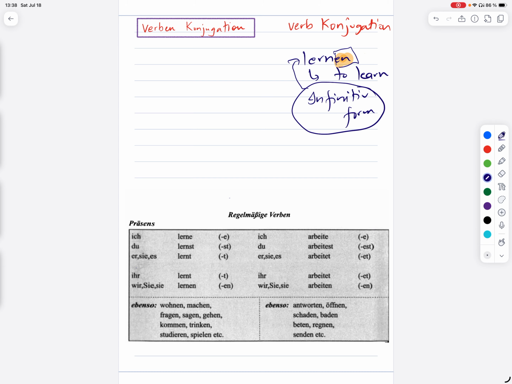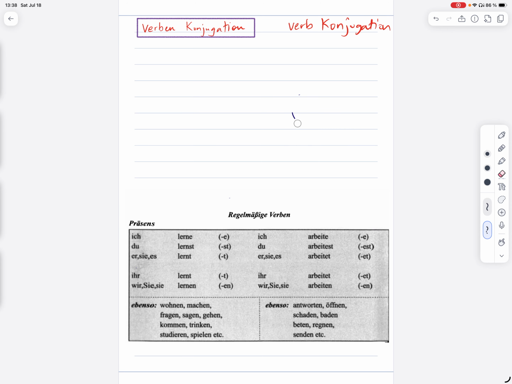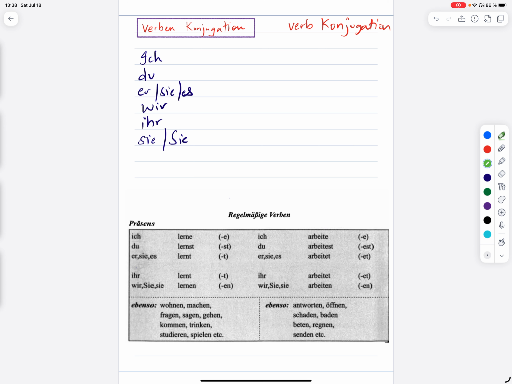Now we start with our original example of lernen and see how the conjugations happen to this infinitive form for different personal pronouns. So we can write ich, du, er, sie, es together, and then we have wir, ihr, then sie, and then Sie with a capital S. For convenience, so we remember what these personal pronouns mean in English, I will also write the English version.